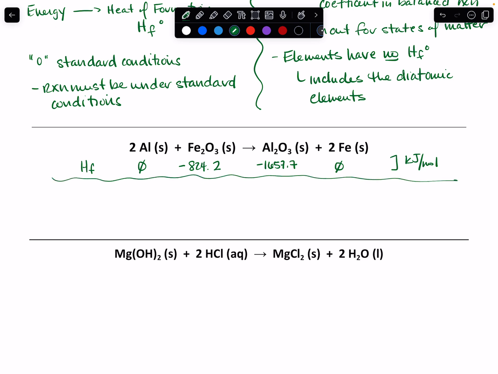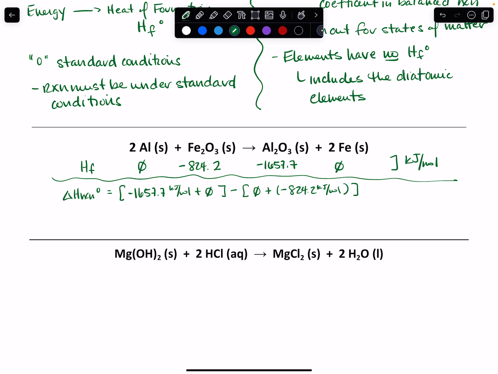All right, so now for my delta H of reaction under standard conditions, I'm going to start on the product side. I look at my aluminum oxide, I only have 1, so negative 1657.7 kilojoules per mole, plus 0 for that iron, and then minus the reactant side, 0 for the aluminum, plus negative 824.2 kilojoules per mole.